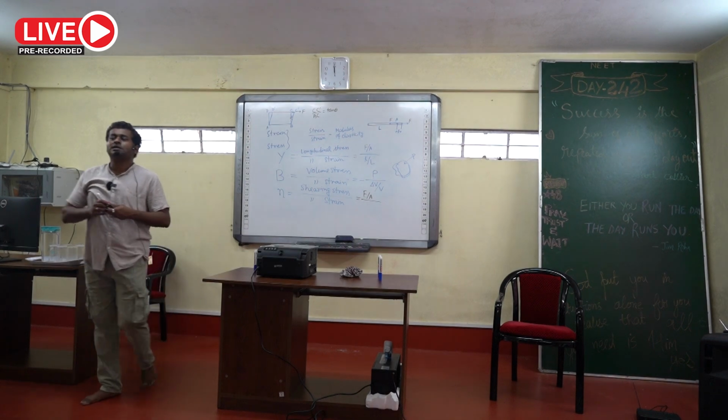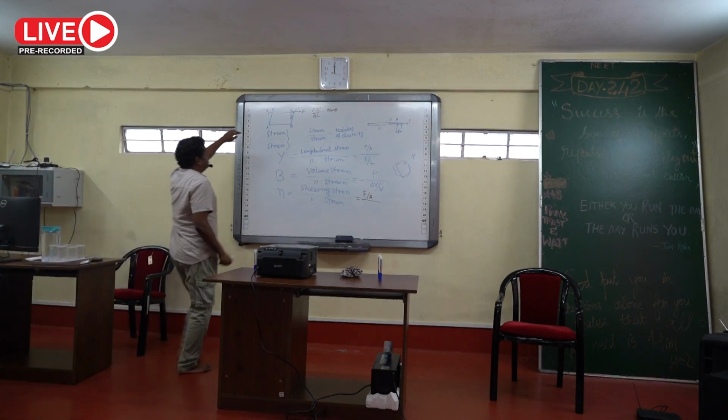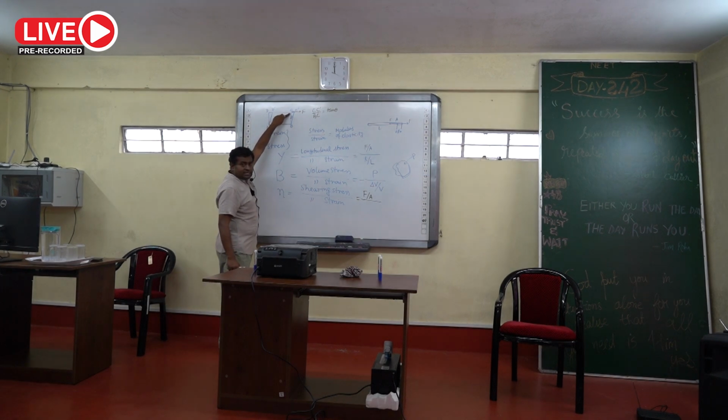C prime divided by BC, that is the change in the length in the direction of the tangential force divided by this perpendicular length, that is BC. So C prime by BC is equal to tan theta for this diagram. Check. This is a right angle triangle at point C. This is theta.